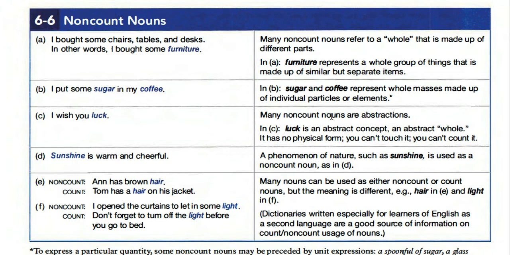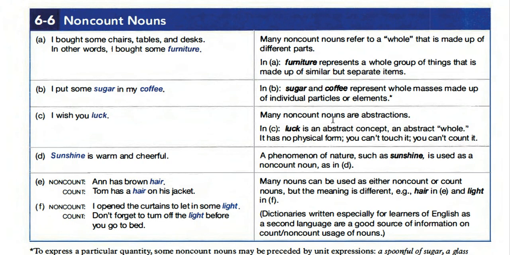Many non-countable nouns are abstractions, which means the word can't be made plural. I can't say I wish you lucks. I can't add any suffix or ending to luck because it's an abstract word, and abstract words are usually uncountable. That's how we can memorize them.